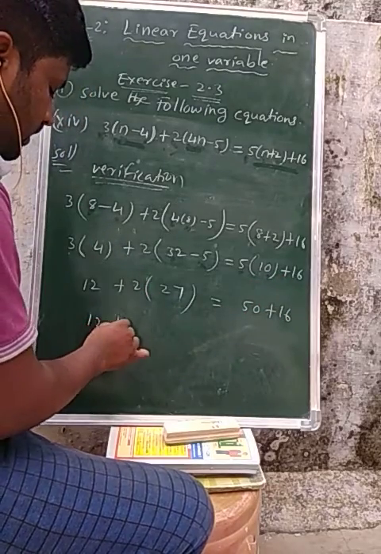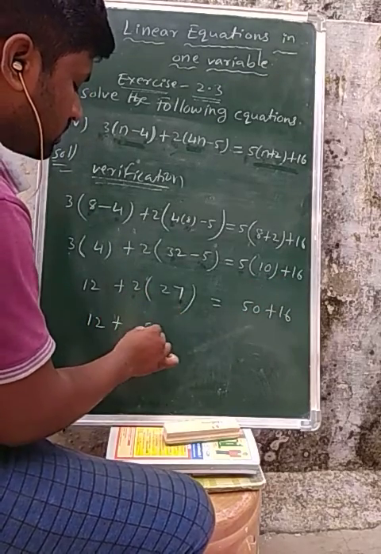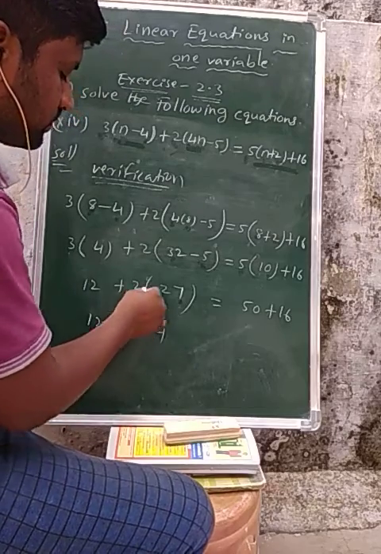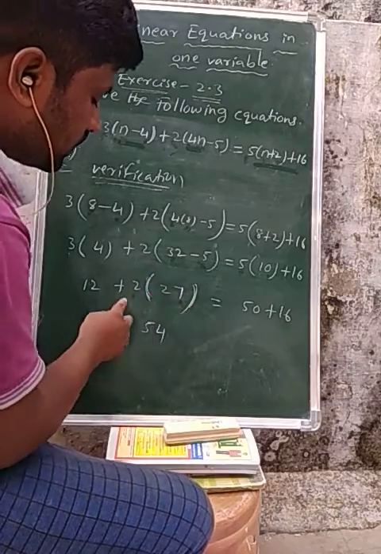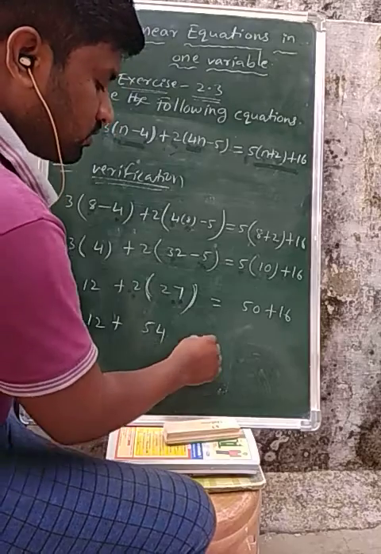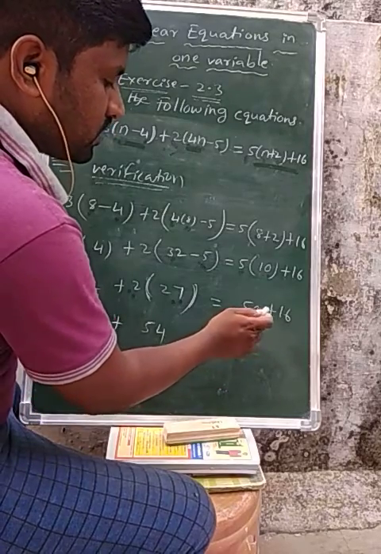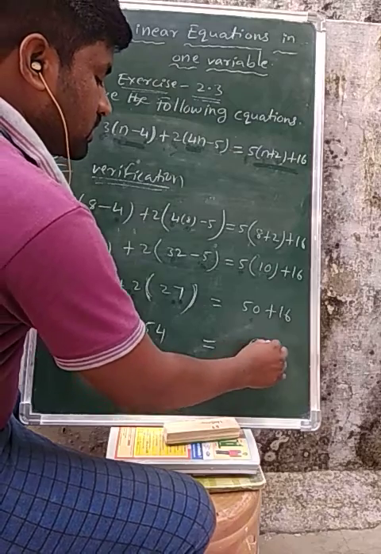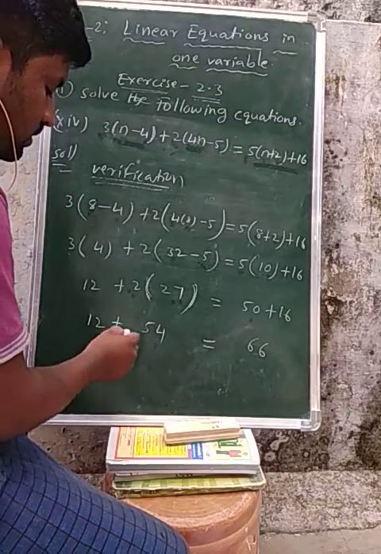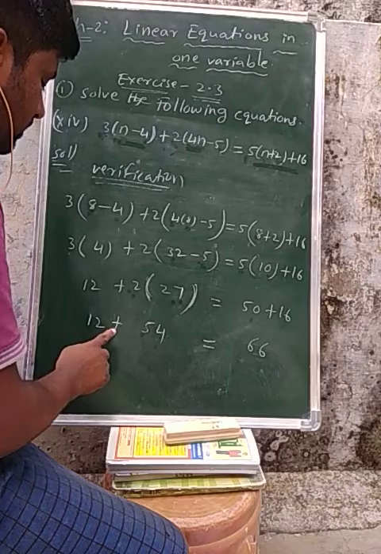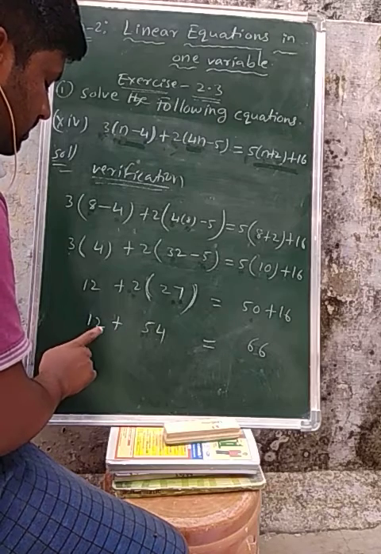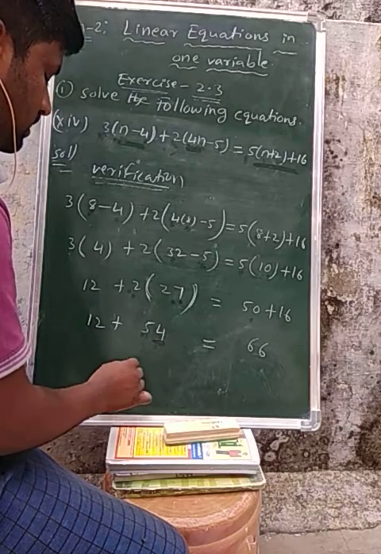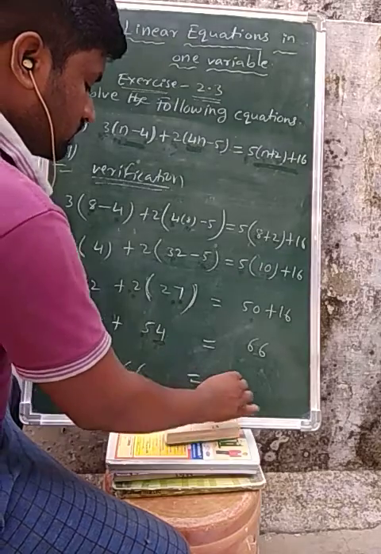Here 12 plus 2 into 27: when a bracket is there, it is 'of', so 2 of 27 is 54, is equal to 50 plus 16, that is 66. So 12 plus 54 is 66, is equal to 66.